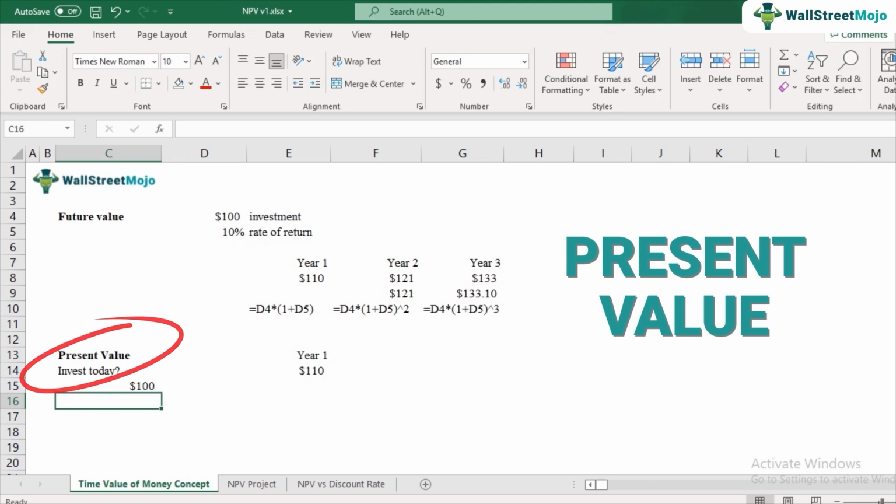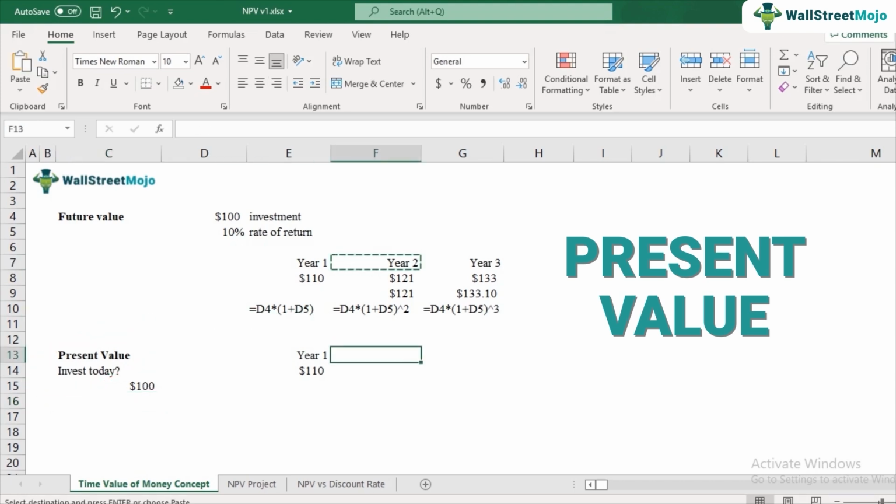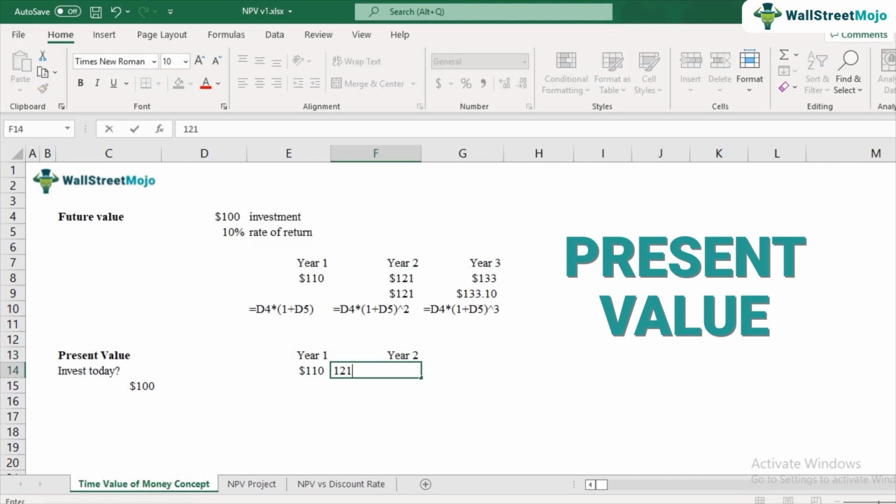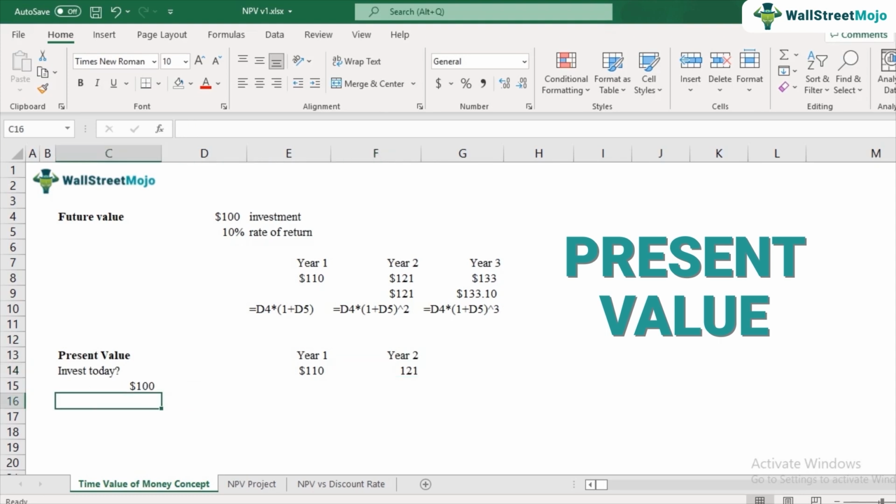Okay. Now, let's take another step. Let's assume that you want to earn $121 at the end of second year. And you want to find out how much should be the present value today so that you can earn $121 at the end of second year, assuming that the rate of return is again 10%. So how does the formula change?